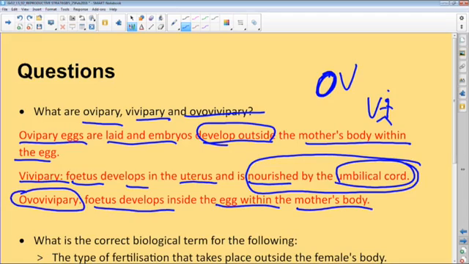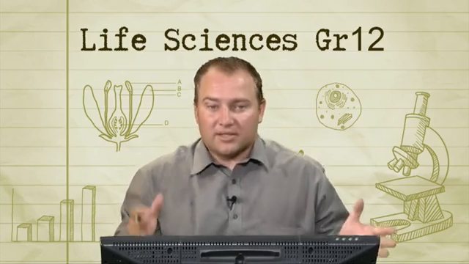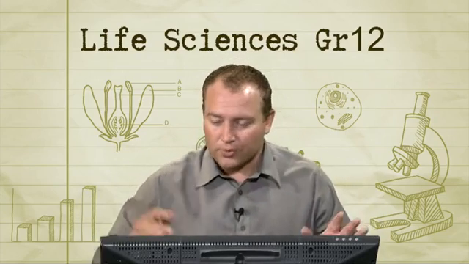It is not given any nutrients from the mom. Look here, it's O, means it's got an egg, can you see it? And vi, because it's got you and me. Okay, like you and me. OV means it's in an egg, and vi, inside the mommy. Okay, these are quite cool.